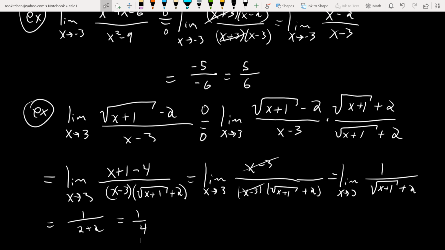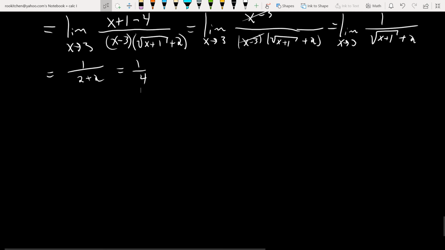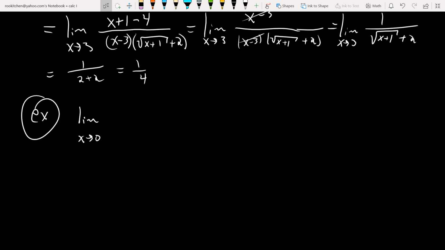Okay. Let's see if there's anything else that would be interesting. Let's try one last one that has a rational expression in it. It's the limit as x goes to 0 of (1/(2 + x) - 1/2), and then that's all over x.